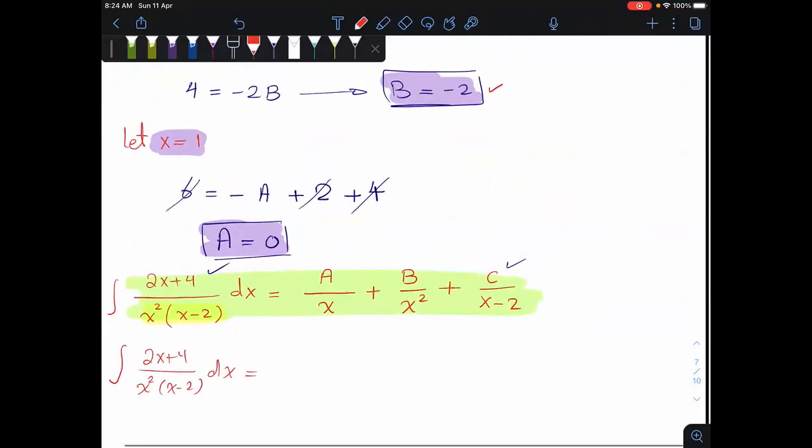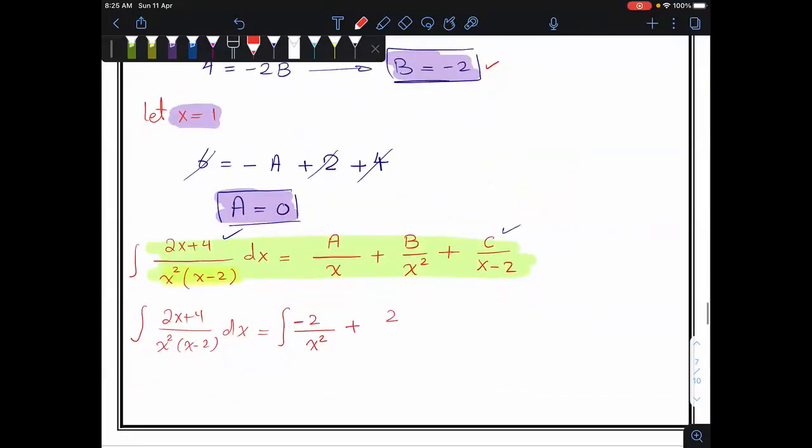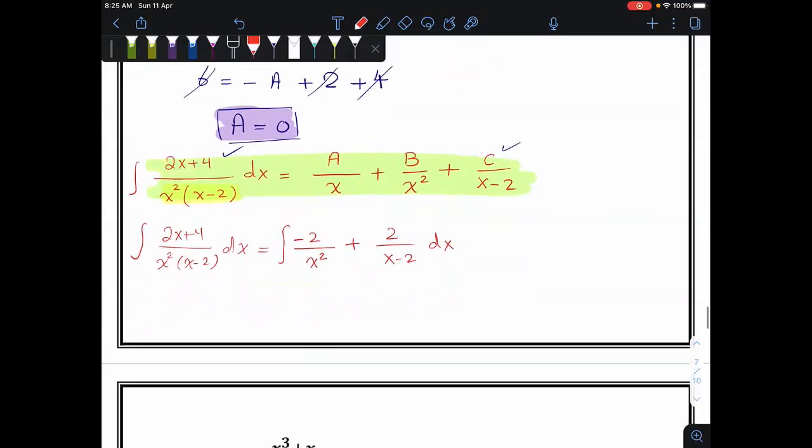The B is what, guys? Negative 2. So we can write negative 2 over x squared plus the C is 2. The C is 2 over x minus 2 dx. We can integrate this, guys, easily. Yes, nice.